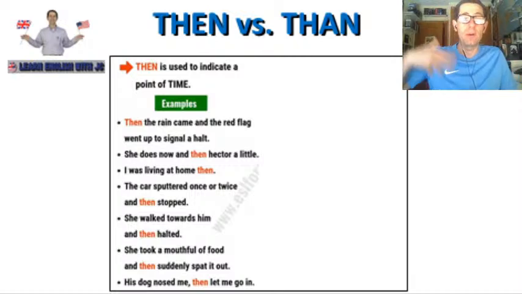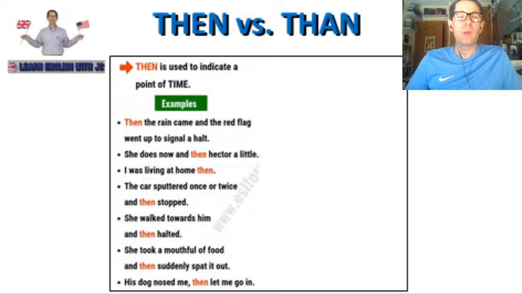So we're talking about a point in time. Next example, the car sputtered once or twice and then stopped and then died. Next one: She walked towards him and then halted. To halt means to stop.